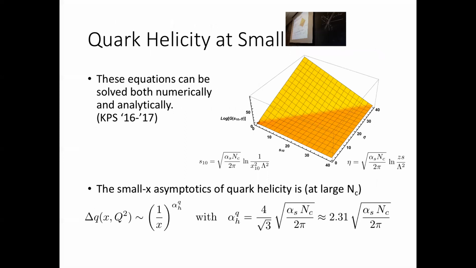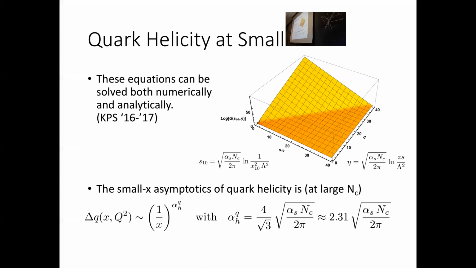Using that scaling, we solved the equations exactly analytically and obtained this power that we already saw in one of my earlier slides. At the end of the day, for the Quark Helicity TMD or PDF, we get this power right here. First we had numerically 2.31, and then after we found the analytic solution, we got 4 over root 3. You can use your calculator to check that this is the same 2.31.